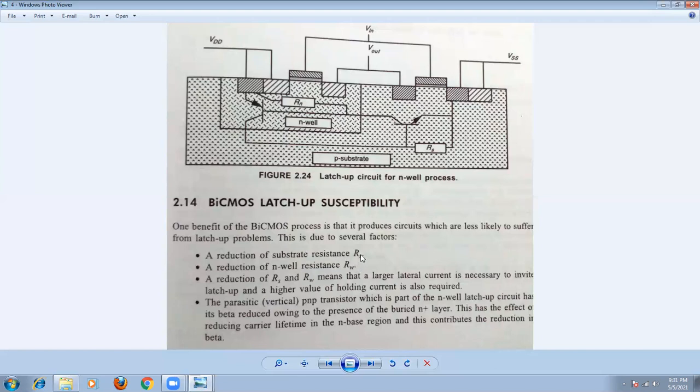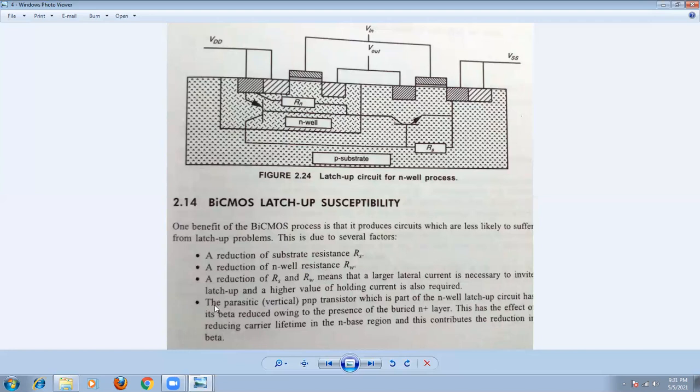The same method applies in the N-well: a similar reduction in the N-well resistance, in RS and RW. The reduction in RS and RW means a large amount of current will flow. With a large amount of current, some holding current will exist. All these things you have to remember.